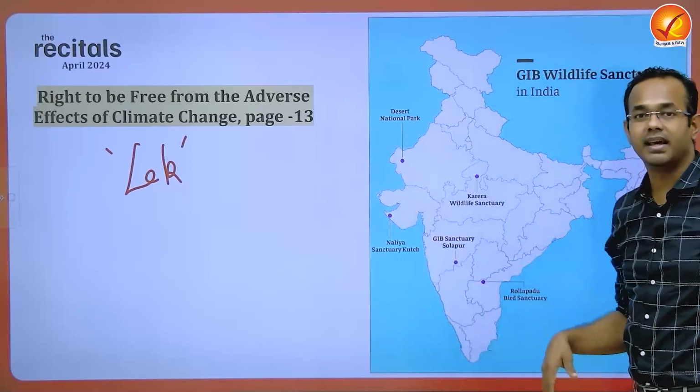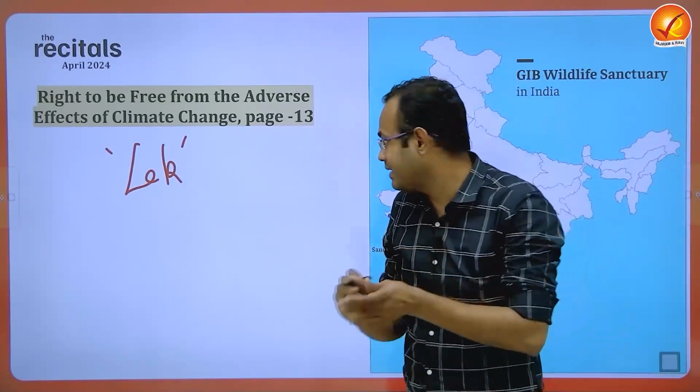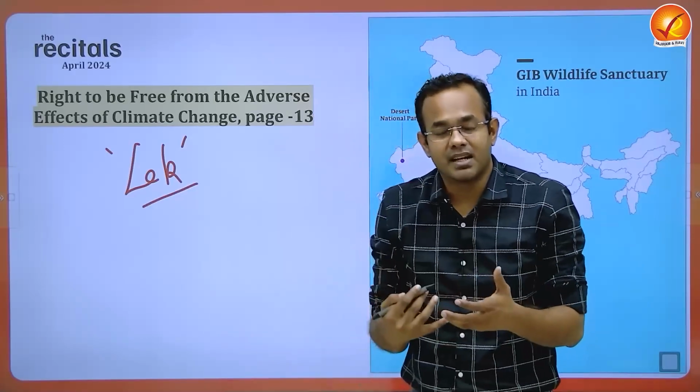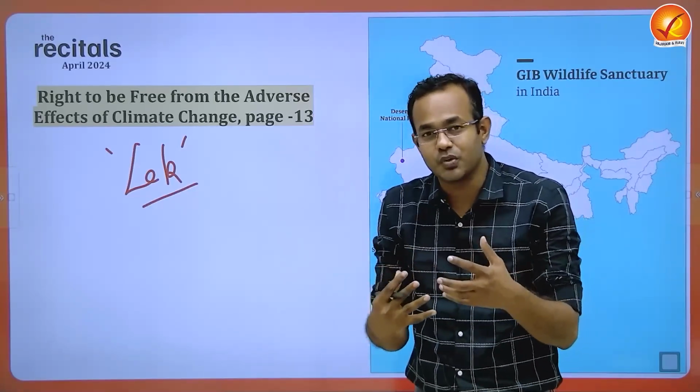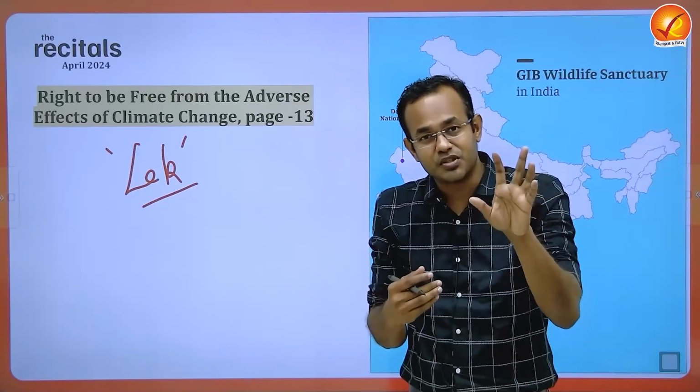That is called the lek breeding system. Just understand, it is a breeding system where males come together and perform certain rituals. The females watch and the female bustards select the male bustards to mate with.